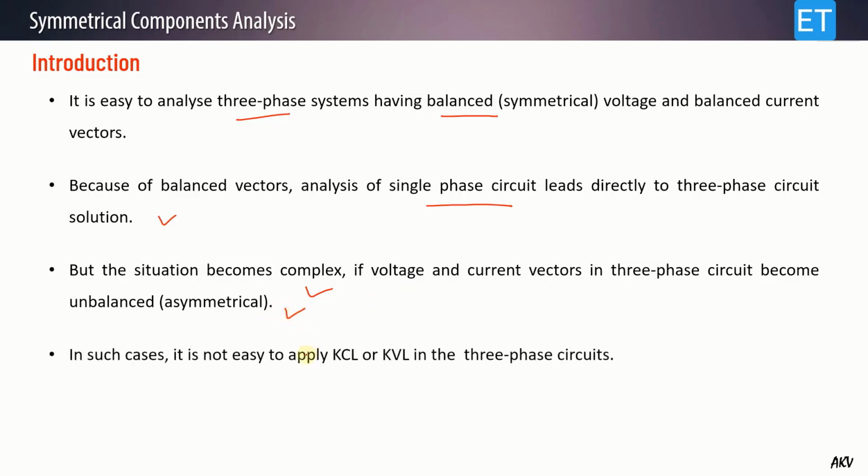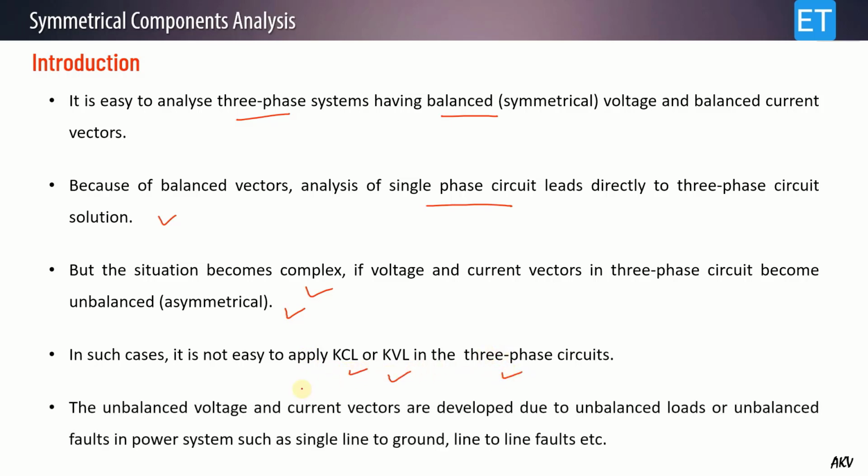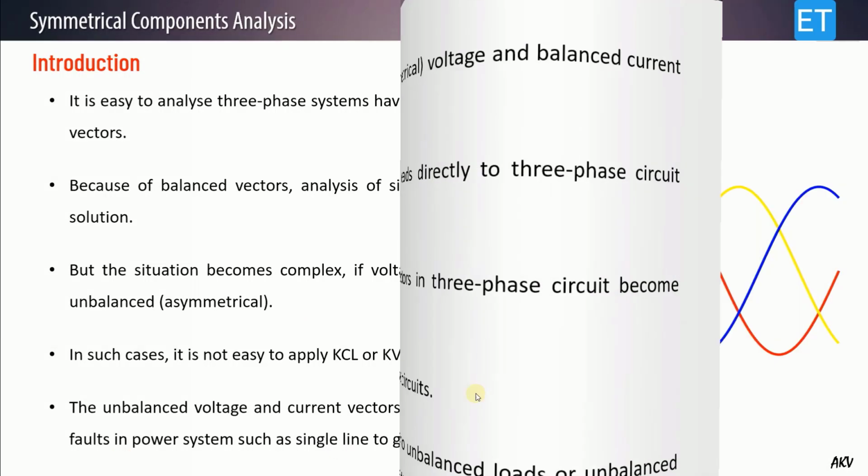In this case, it is not possible to directly apply KCL and KVL in the three-phase systems. These unbalanced voltage and current vectors are developed due to unbalanced loads or faults in the power system, such as single line to ground or line to line faults, etc.